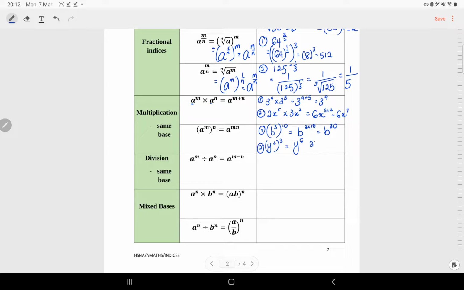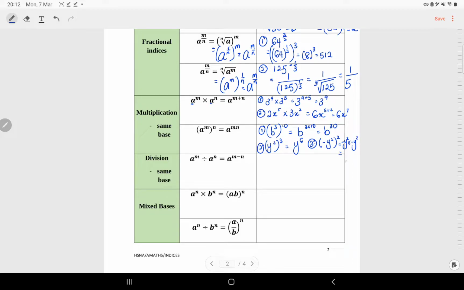And let me give you this example. Say you have negative y squared, the whole thing squared. Remember, anything you square becomes positive. So negative y squared basically means negative y squared times negative y squared.